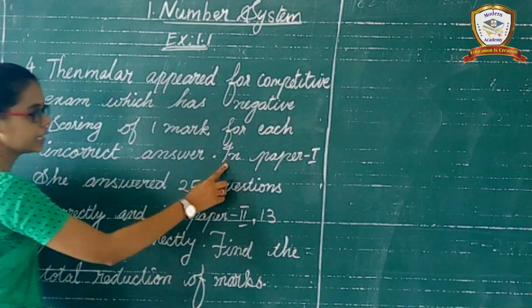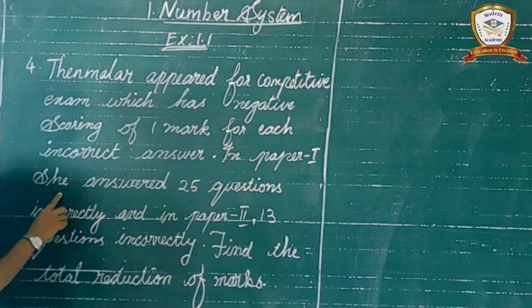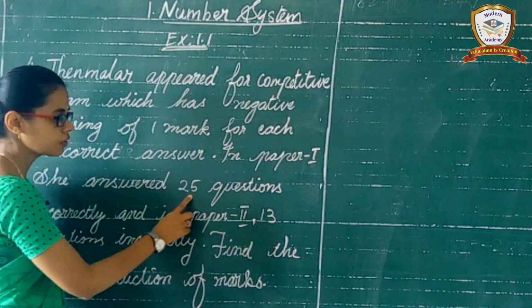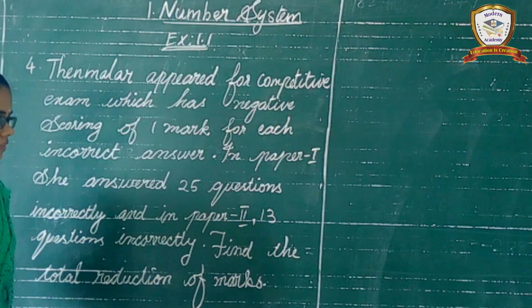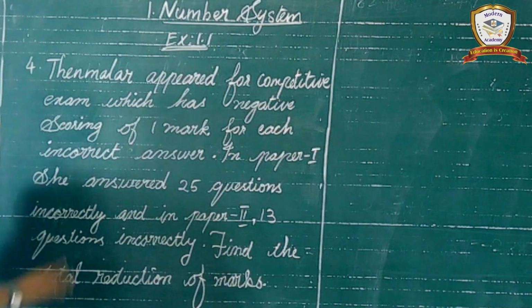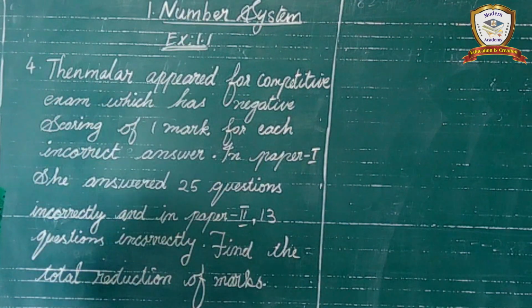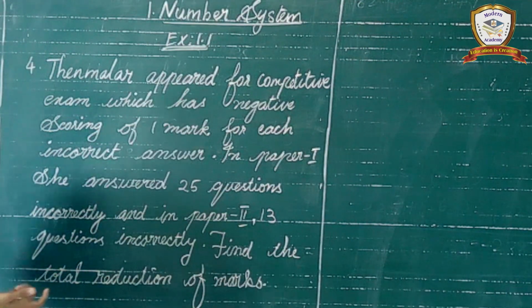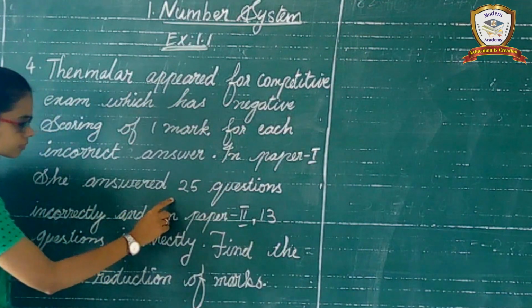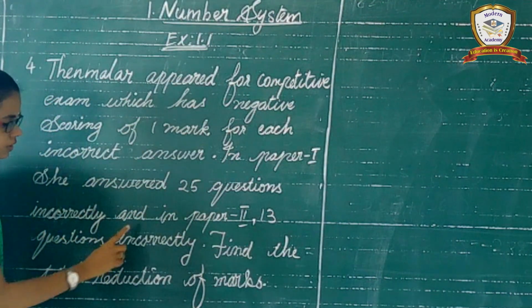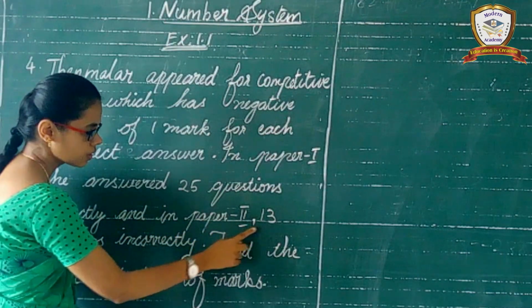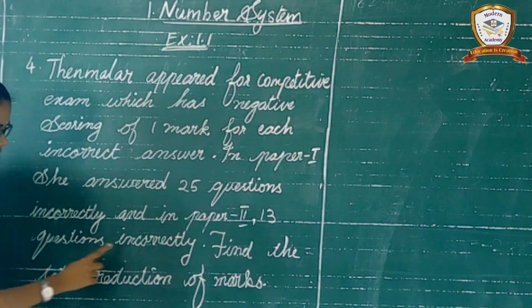In paper 1, she answered 25 questions incorrectly. Which means in paper 1 she answered 25 questions wrongly. And in paper 2, 13 questions incorrectly.